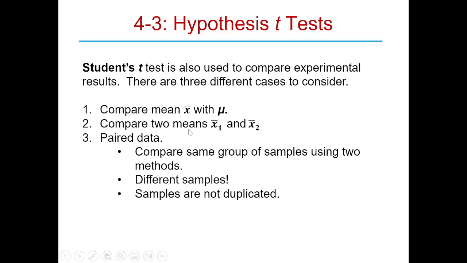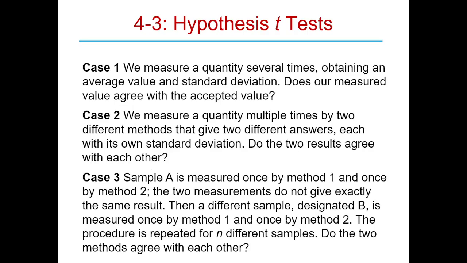This second case is going to be comparing 2 different means that you're getting from 2 different methods usually. And then the third case is going to be paired data. So you're going to compare the same group of samples using 2 different methods. They can also be different samples. We can have paired different samples. Samples are not duplicated in these, though.